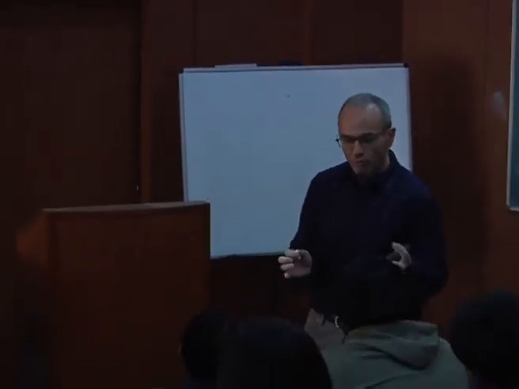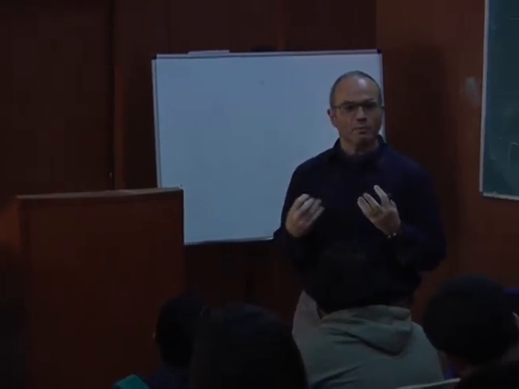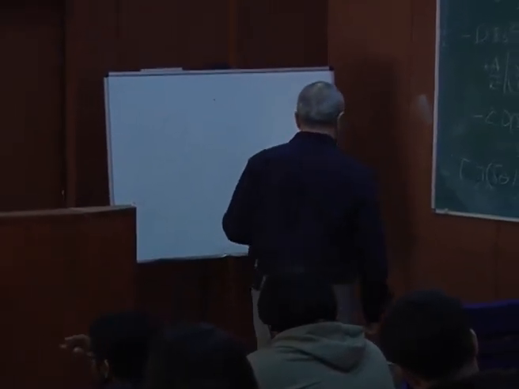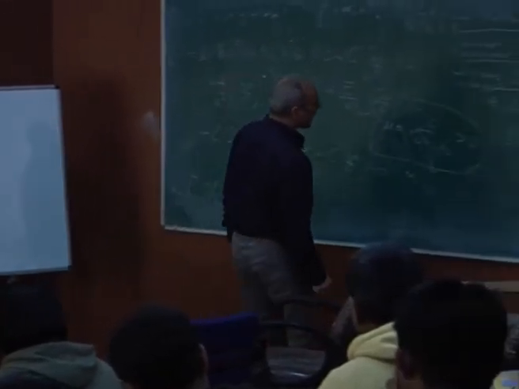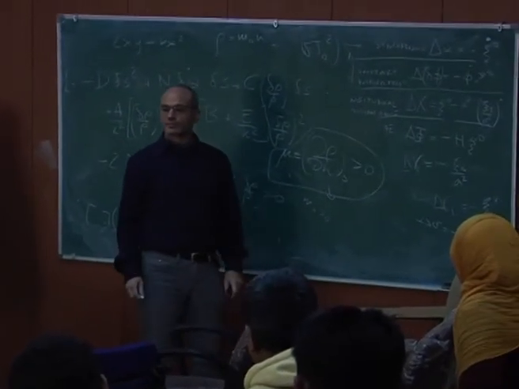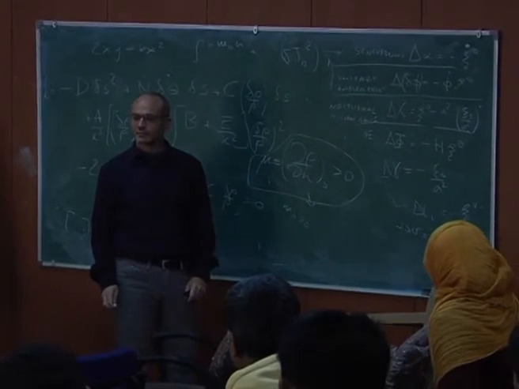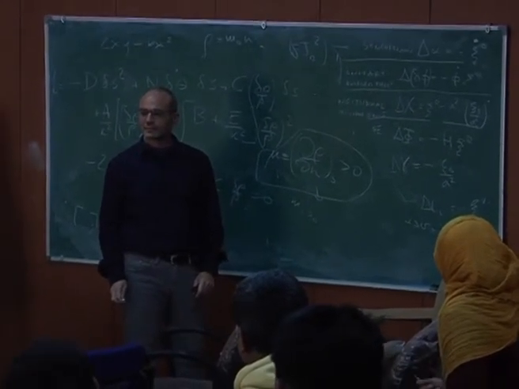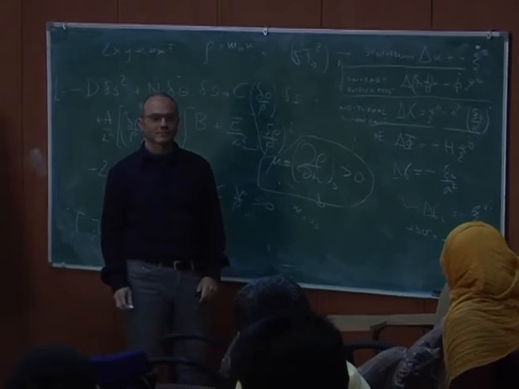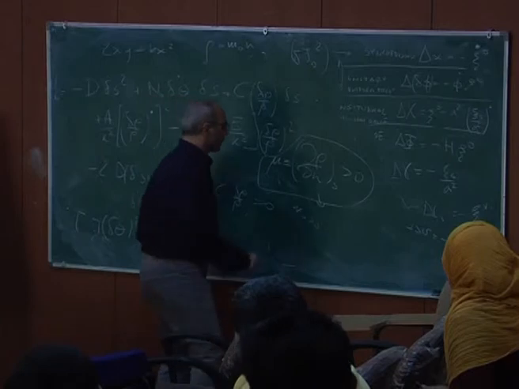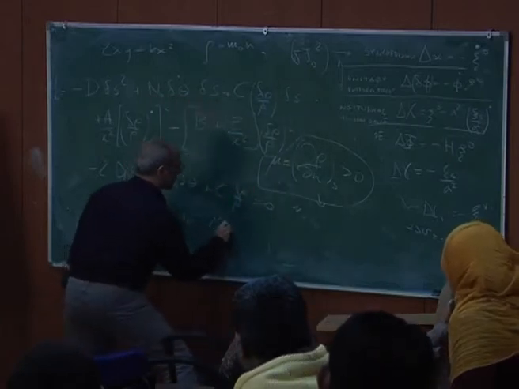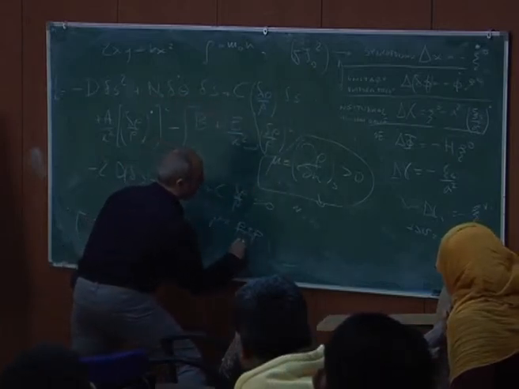All right. For radiation, what is it? Because mu is indeed rho plus p divided by n.